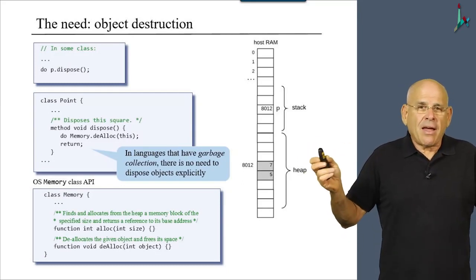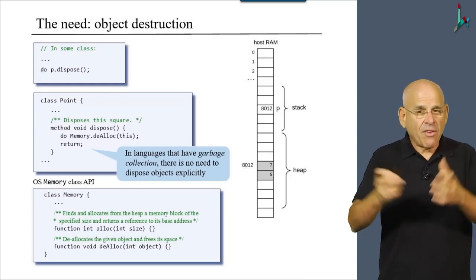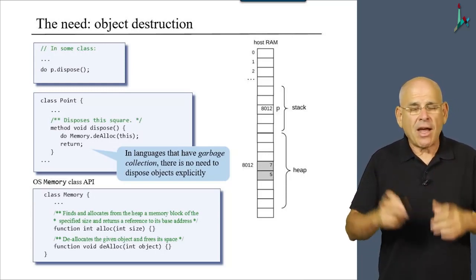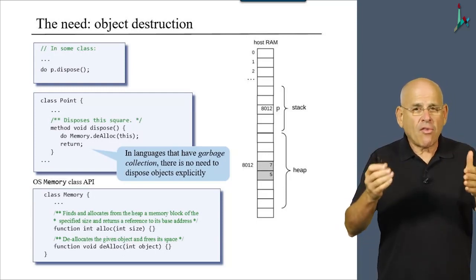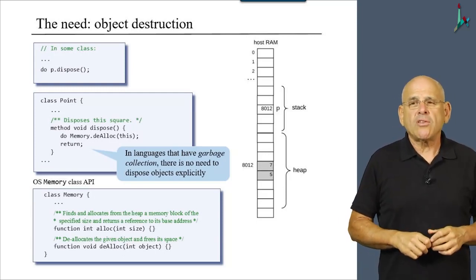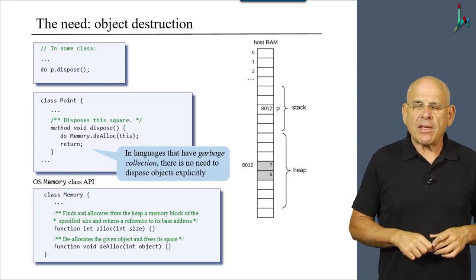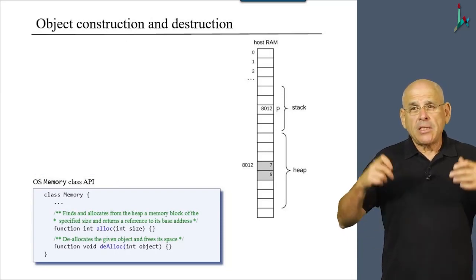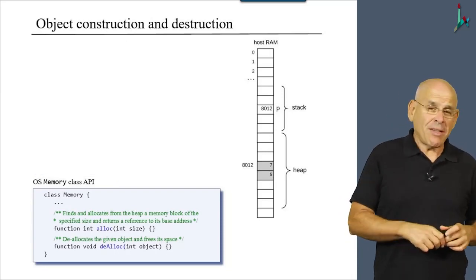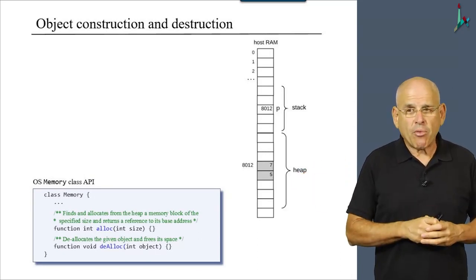So you don't have to take care of it yourself. We decided that we're not going to implement this goodie in Jack. It's a very interesting algorithm and a very nice exercise. But in Jack, we don't have it, and therefore we expect programmers to dealloc the memory associated with their objects explicitly. So we talked about object construction and destruction, and we did everything from the high level of the Jack programmer.